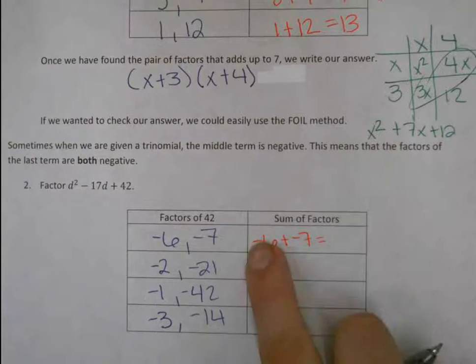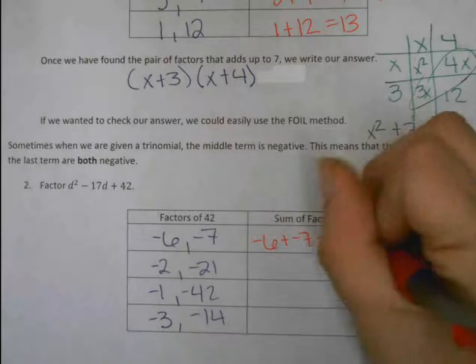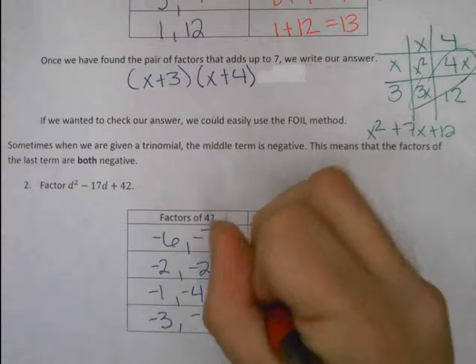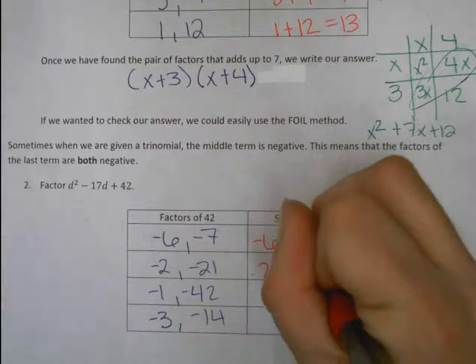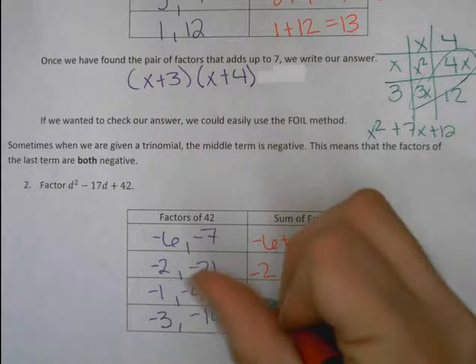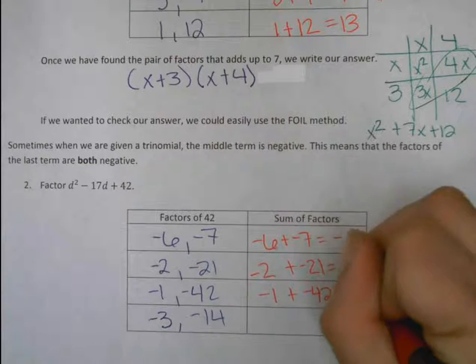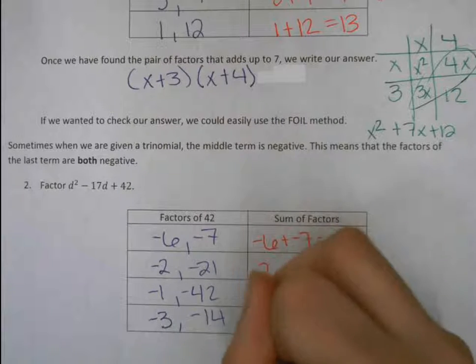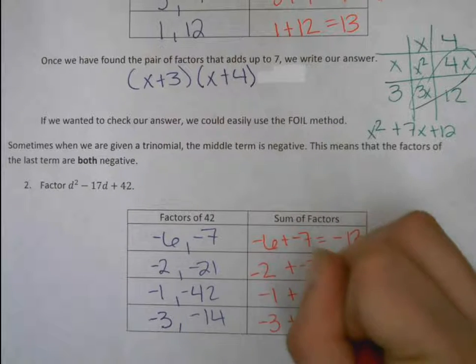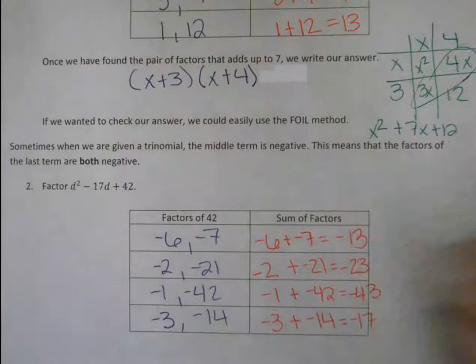They're both negative, so I add them and keep the sign: negative 13. Negative 2 and negative 21. Negative 1 and negative 42. Negative 3 and negative 14, negative 17. So which of these is the one I wanted?